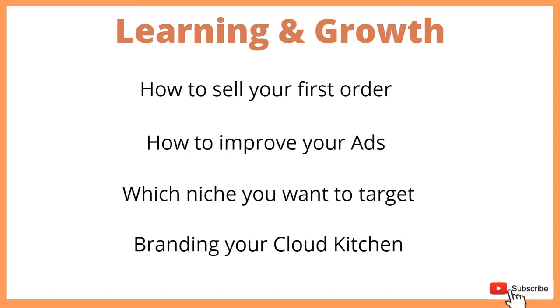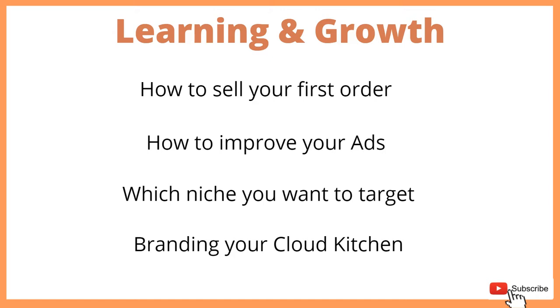And obviously you must know how to improve your ads. For example, I have a video on how to create captivating ads for restaurants, so you can have an idea, it's something similar. You have to create the best pictures of the dish, upload them to social media and pay for advertisement.